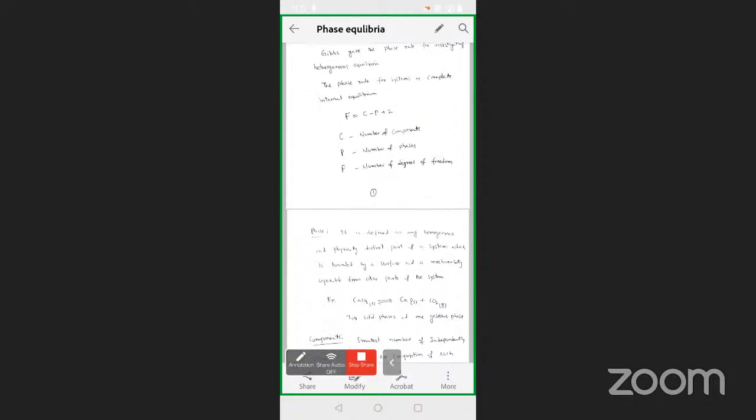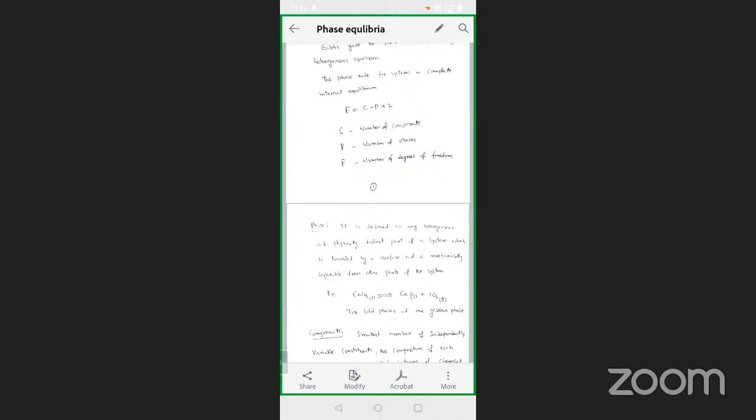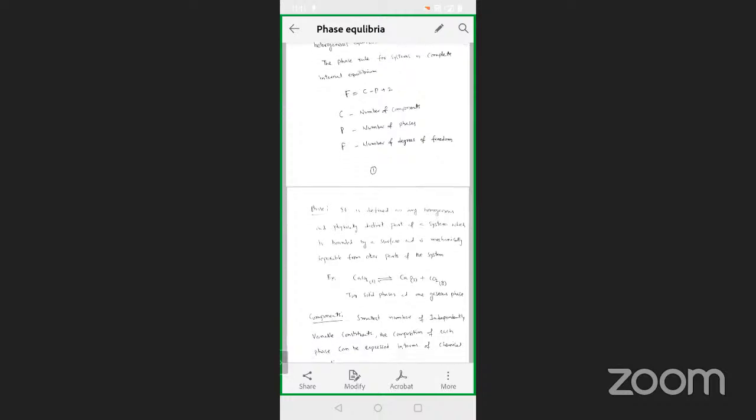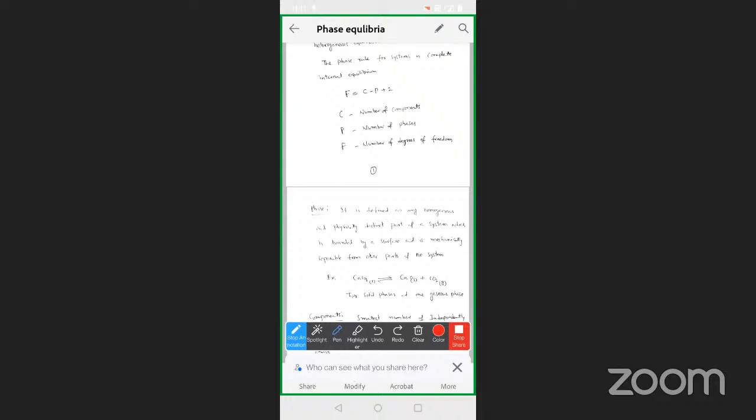Now let us see one by one the terms phase, components and degrees of freedom. So what actually is a phase? It's any homogeneous and physically distinct part of a system, which is bounded by a surface and is mechanically separable from the other parts of the system.